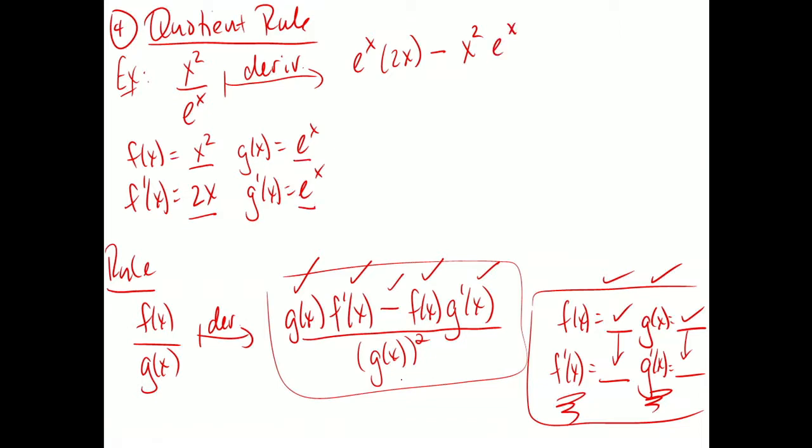And then don't forget, this is all divided by g squared. Okay, that's the complete fill-in of my rule here with all my little checks there.